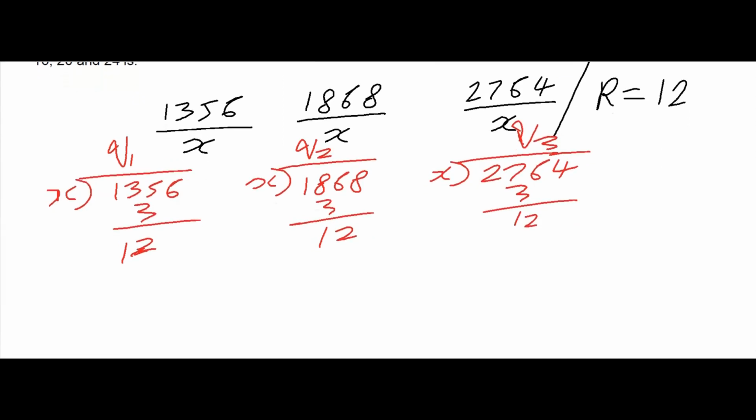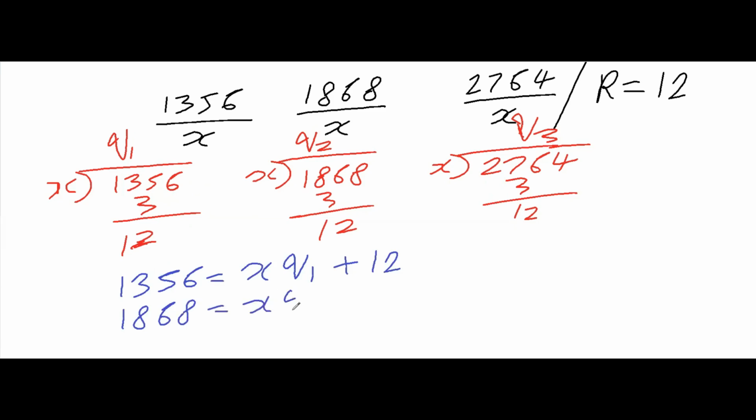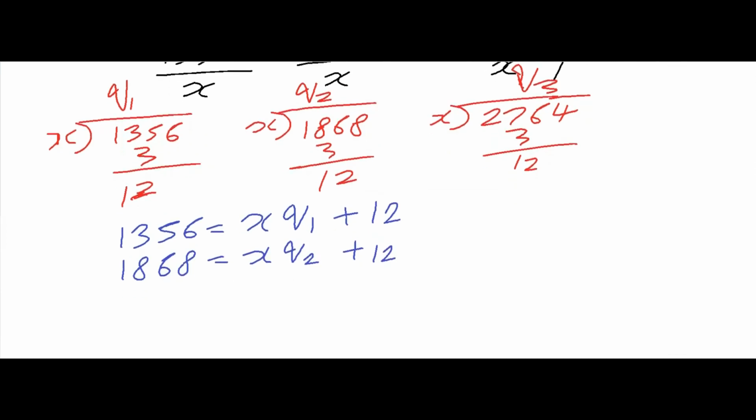Now based on the formula of dividend, divisor and quotient, I can write that 1356 is x q1 plus 12, 1868 is x q2 plus 12, and similarly 2764 is x q3 plus 12.